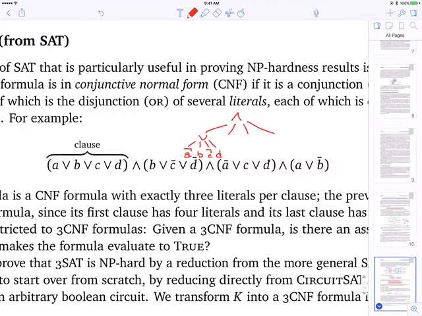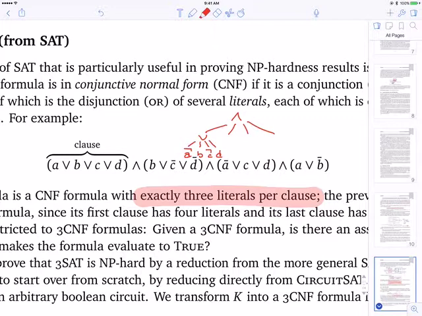So my tree is very shallow. The formula has a specific structure where the top level operation is always ANDing things together, and the second level operation is always ORing things together, and the third level operation is always maybe negating and maybe not. And that's it. That's all I'm allowed to do. And then I'm going to put a further restriction on this, which is I'm going to require exactly 3 literals in each clause.